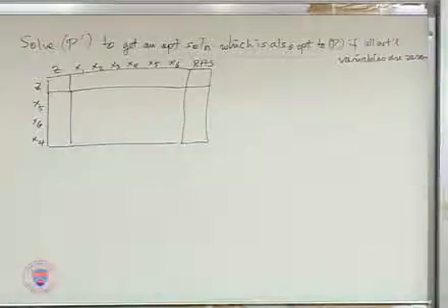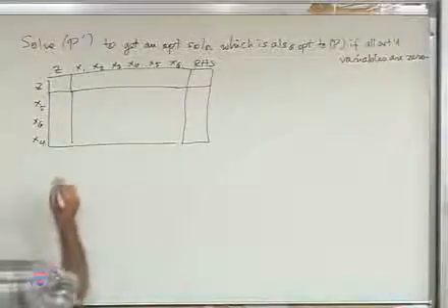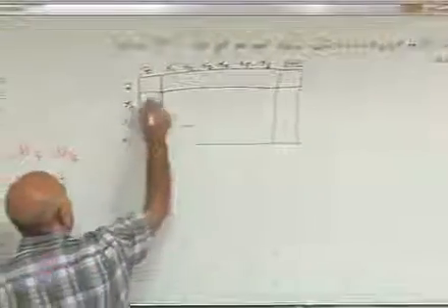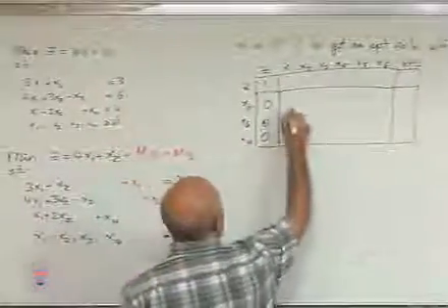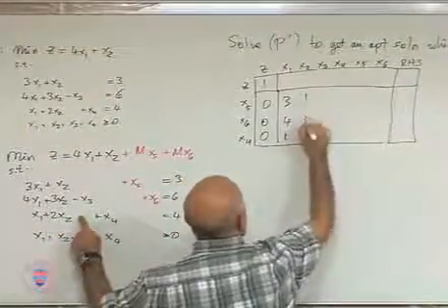I'm going to use x4 as part of the basic variables because it has the column 0, 0, 1. So we have 3, 4, 1, and 1, 3, 2.